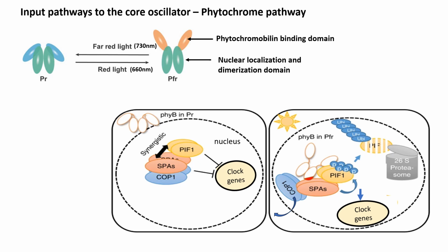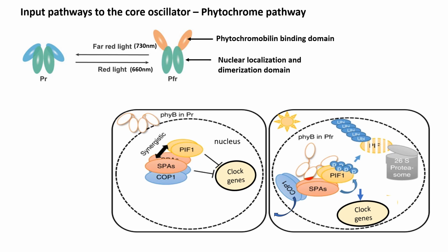In the presence of far red light, the PFR form of phytochrome B is converted back to the PR form. Hence, phytochrome B is a light stable and a red light sensor. Phytochrome A is light labile, and the PFR form degrades rapidly instead of being converted back to the PR form.